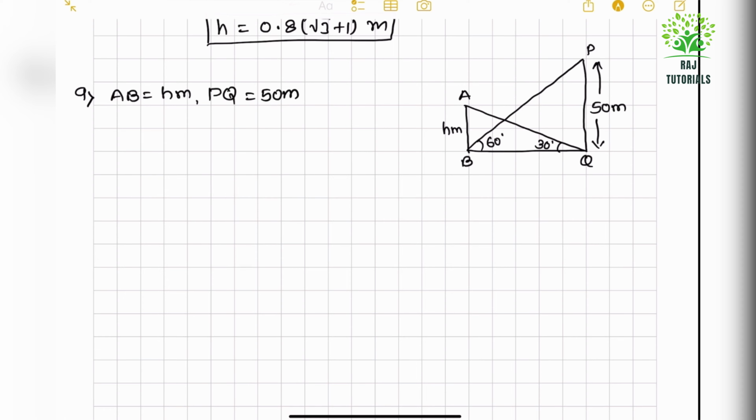So here I am taking AB equal to h meter, that is building height, and PQ tower height is given to be 50 meter.